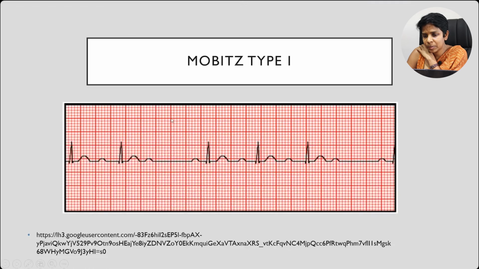For example, in Mobitz type 1, here a P wave is not conducted to the ventricle. That's why there is no QRS. But in Mobitz type 1, this is also called Wenckebach type of AV block, you get progressive delaying of the PR segment, and then suddenly a P wave stops conducting and again starts progressive delaying of the PR segment.